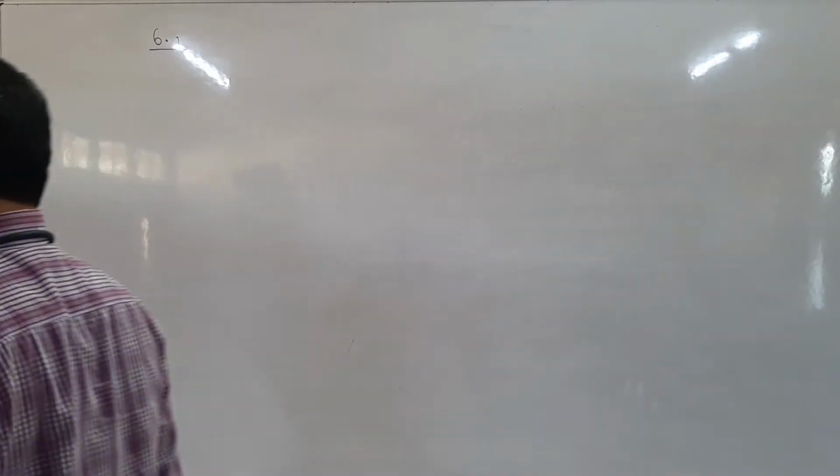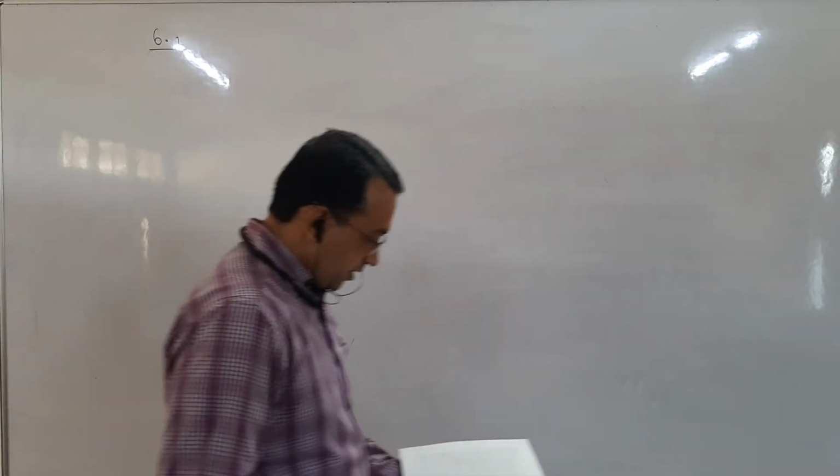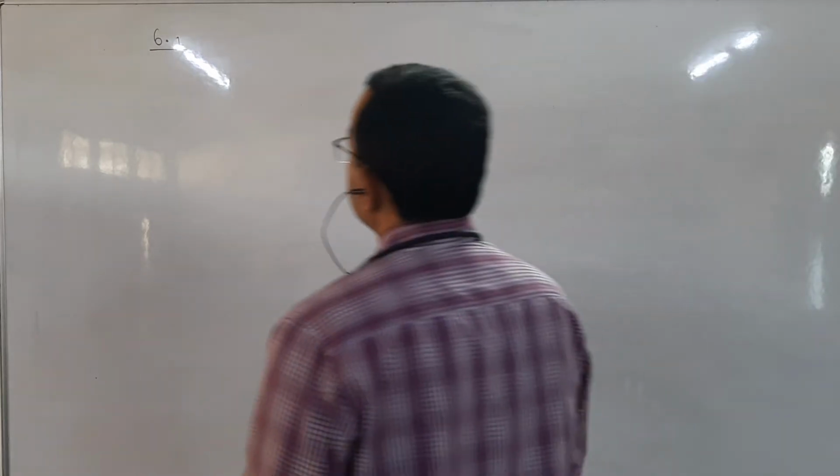Now students, air bubble, I think you might be considering frequently in physics as well as chemistry. The radius of an air bubble is increasing at the rate of half centimeter per second. Students, an air bubble is always spherical.